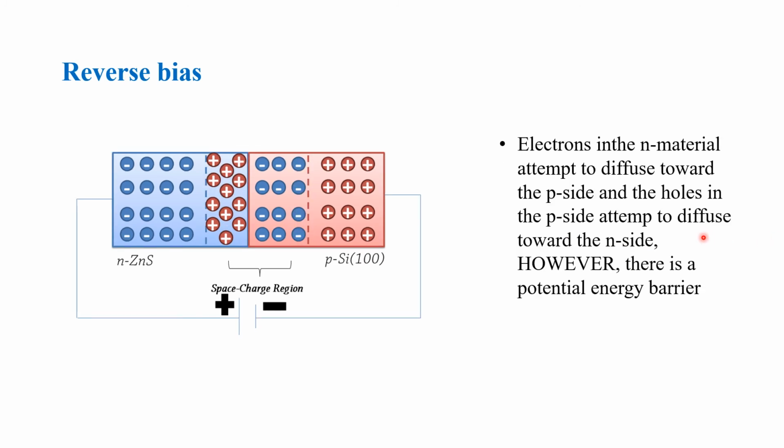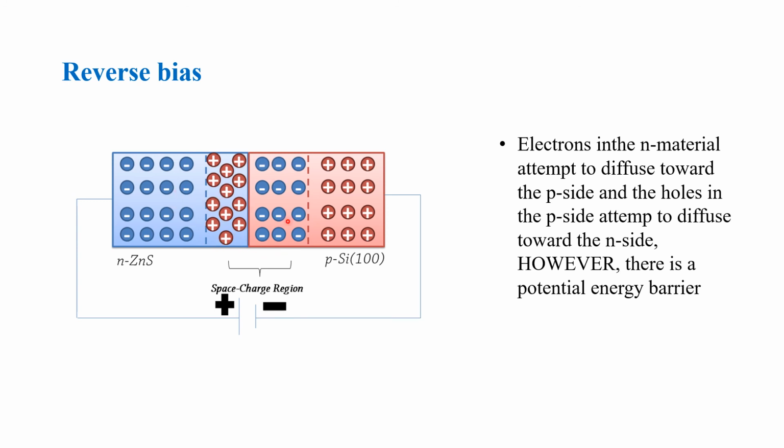On the other hand, for your reverse bias, the depletion region is actually increased. Electrons in the n-side attempt to diffuse towards the p-side, and holes in the p-side attempt to diffuse towards the n-side. However, there is a potential energy barrier, which is this space charge region, or your depletion region, which is too large for electrons and holes to cross over.